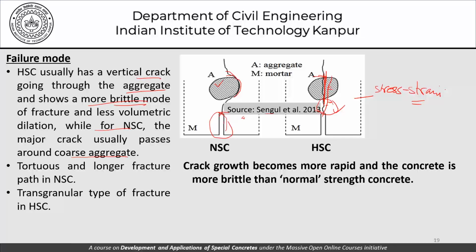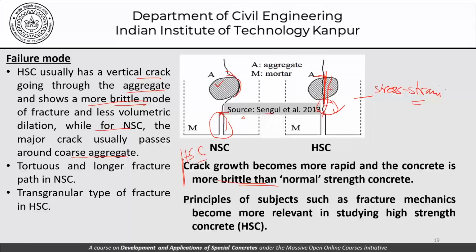Transgranular type fracture in high strength concrete is more common, which finally leads us to the fact that crack growth becomes more rapid and the concrete is more brittle than normal strength concrete. This is what is characterizing the high strength concretes. In high strength concrete, the crack growth is more rapid and the concrete is more brittle than normal strength concrete.